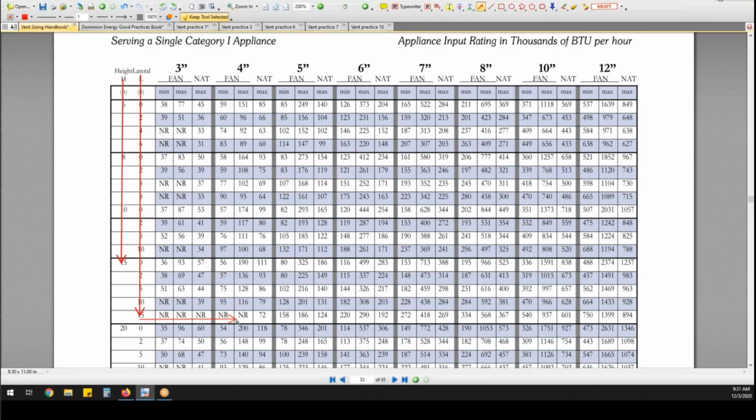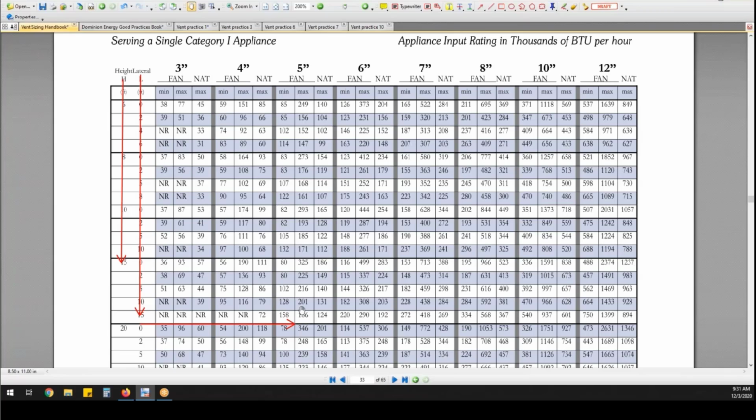Well, if I want to use a single wall connector, wow. Well, remember that min-max thing we talked about? I've got to have a minimum of 158,000 BTUs and no more than 186,000 BTUs.